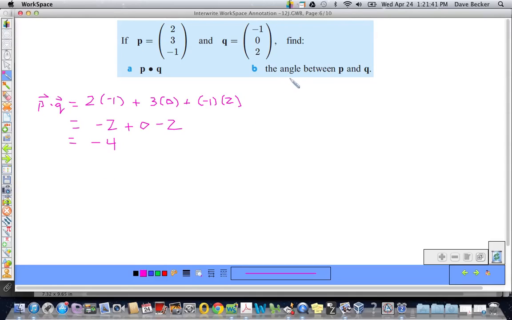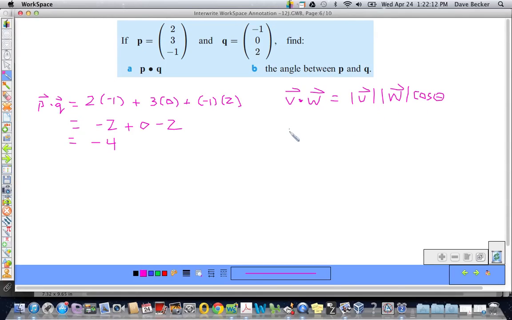Okay. The angle between P and Q. Well, I'm going to use the formula from the formula sheet, and you can probably solve it in your head. That is v dot w is equal to magnitude of v times magnitude of w times cosine theta.